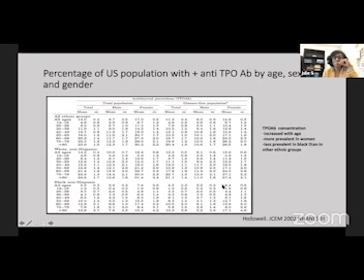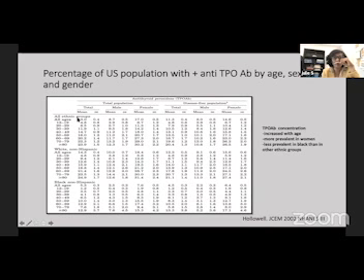This is from the NHANES III data, which shows the percentage of the US population with positive peroxidase antibodies, described by age, gender, and race.